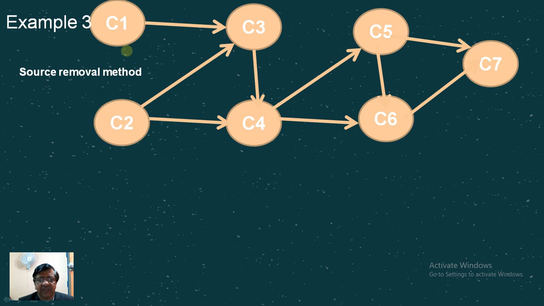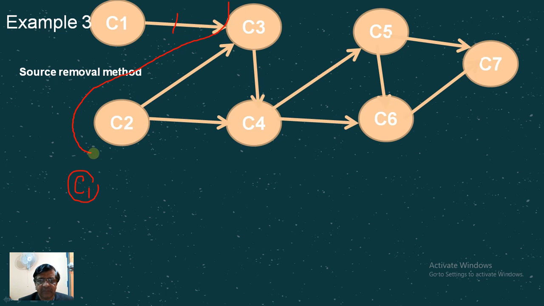So with this definition, C1 is a source, C2 is a source. We can remove either C1 or C2. Let me remove C1 first because it comes in the priority order. When we remove a source, we need to remove the arrows emanating from that source along with the vertex. So if C1 goes, what remains is this portion of the graph.